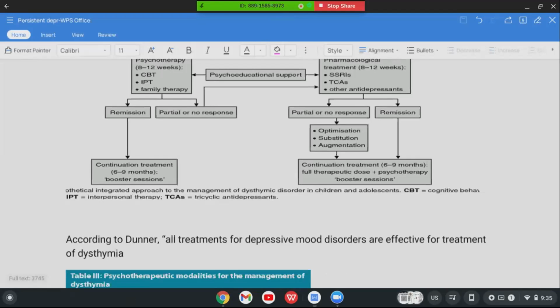Any questions, comments? Any difference in dysthymia as per the latest DSM-5? Can you elaborate?